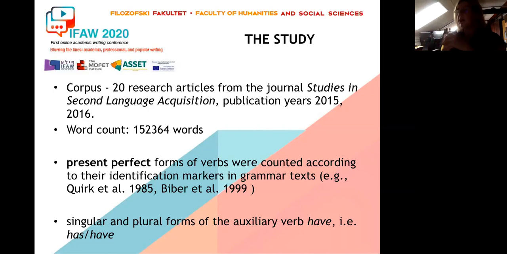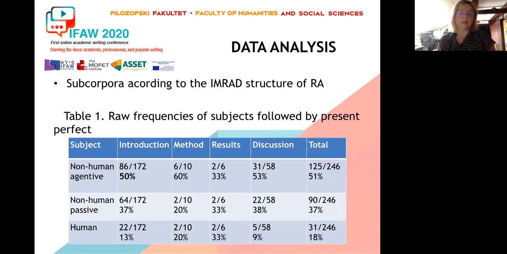That means with the auxiliary verbs has and have. And both of these singular and plural forms were covered with a special focus on the distribution of these subject structures, so that we have this kind of distribution, non-human agentive subjects. So that is the focus of our research.